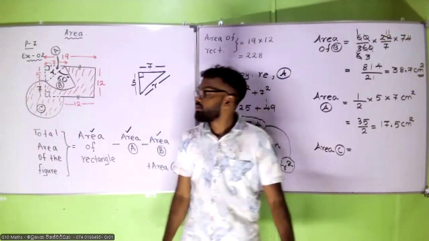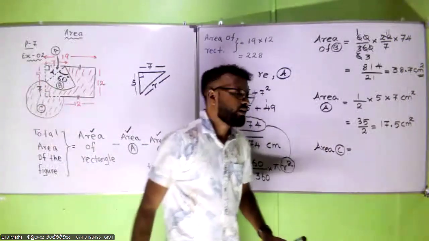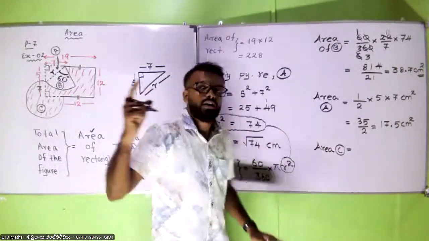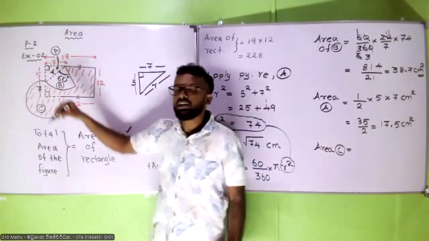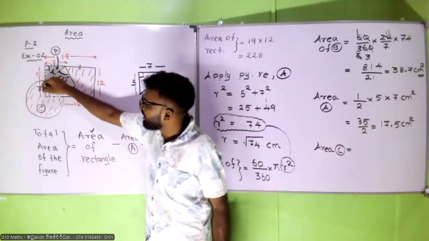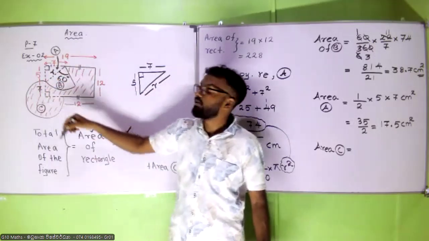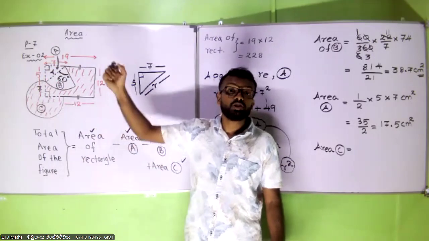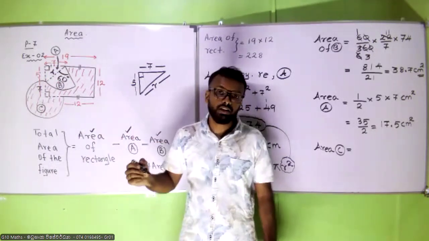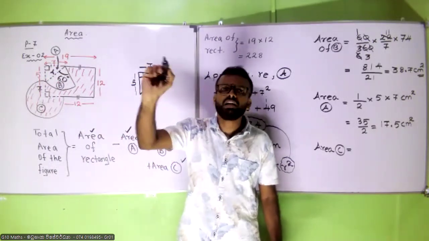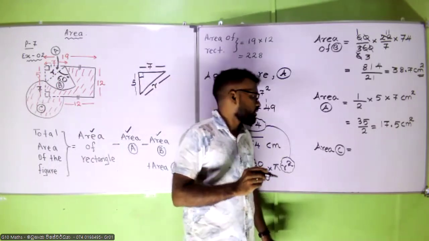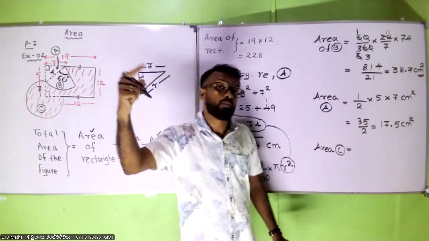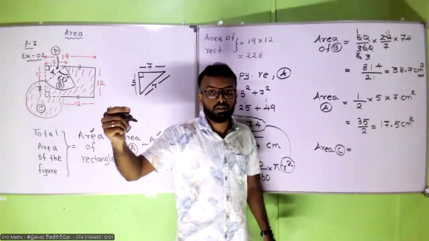Yes, sir. Yes, reflection. Correct. So you can easily decide, right? If this is 90 degrees, the angle at the center of the circle is 270, right? That means you can directly apply 3 upon 4 of the circle. No need to simplify 270 divided by 360, and so on.